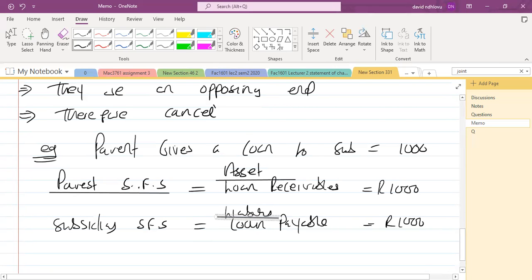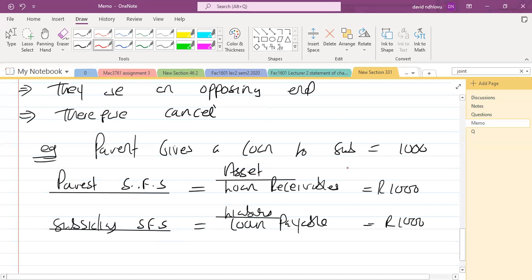So if we don't eliminate this, the combined financial statements will simply record that we are owing someone 1,000. But at the same time, we are also going to say we are being owed 1,000. So the amount appears both as an asset and a liability of the same amount. It doesn't make sense. The amount must be written off.